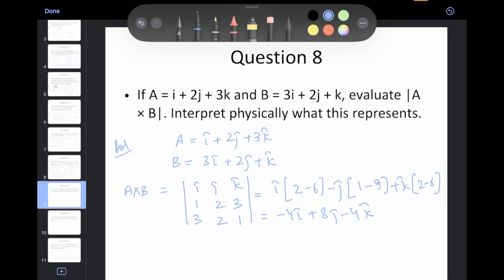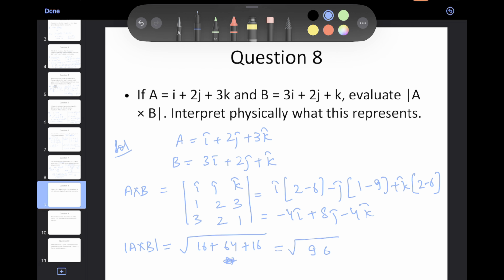Okay. And then calculate its magnitude, which is minus 4 square is 16, 8 squared is 64, and again 16. And that comes out to be 96.